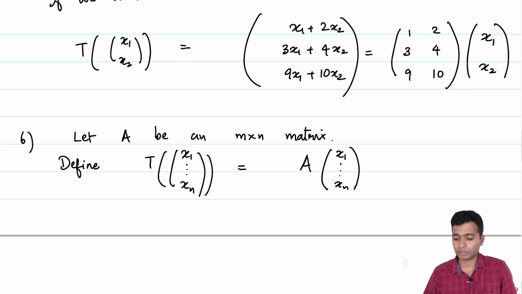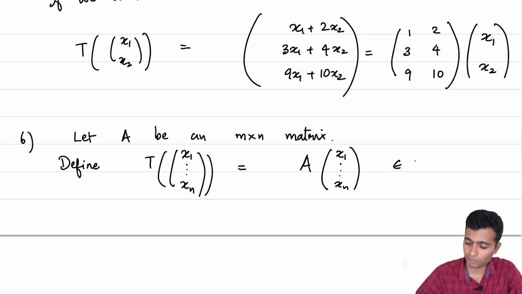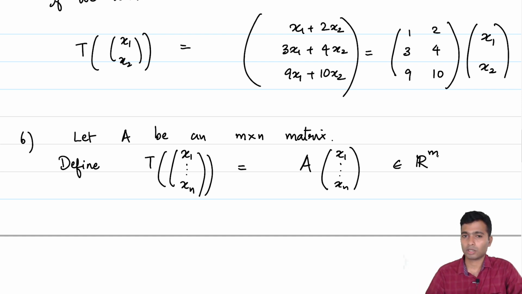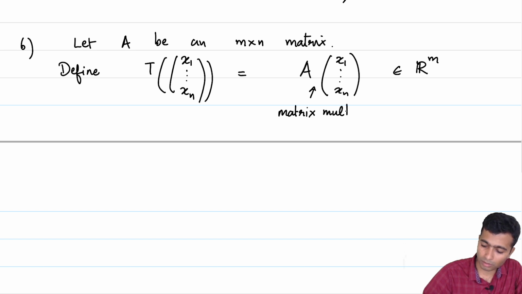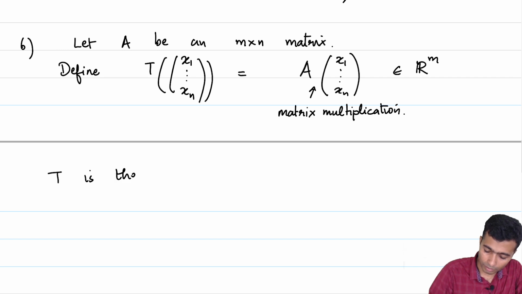What will be the result here? This will be an element of Rm in the column representation, where this is the matrix multiplication. What we will finally be able to see is that T is then a linear transformation.